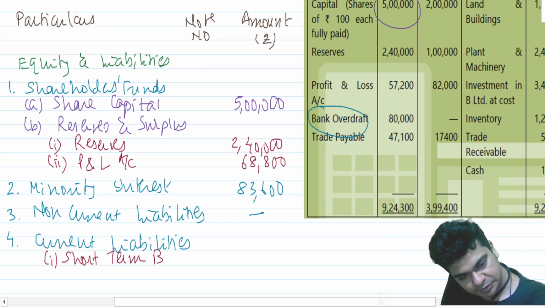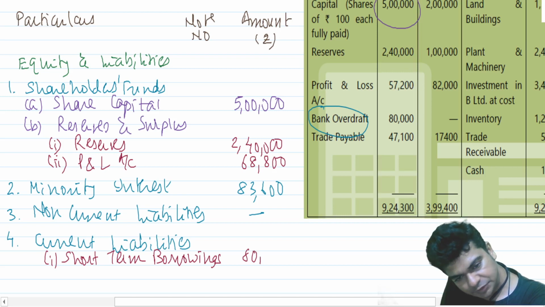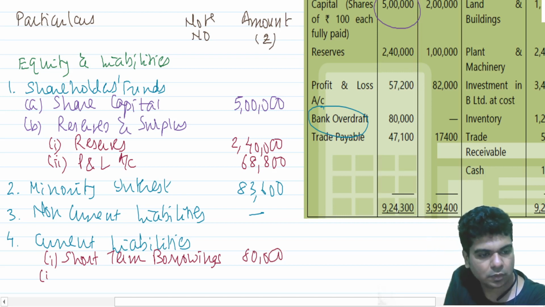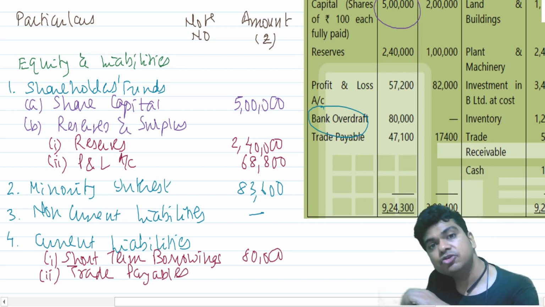Short-term borrowings, 80,000. Trade payables.